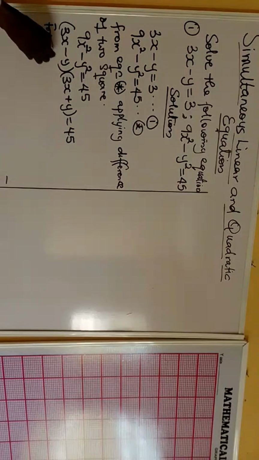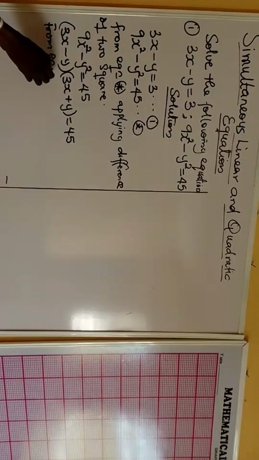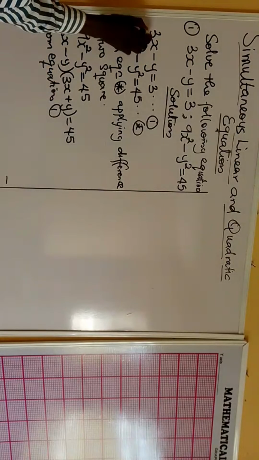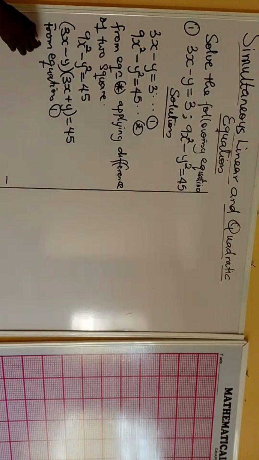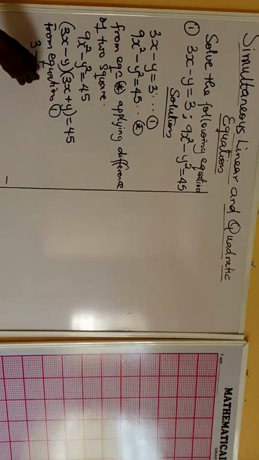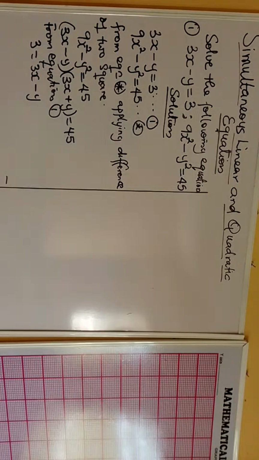From equation 1, we have 3 is equal to 3x minus y.